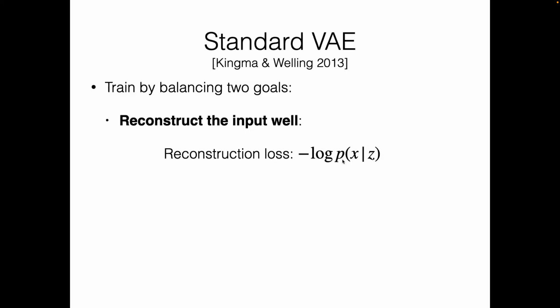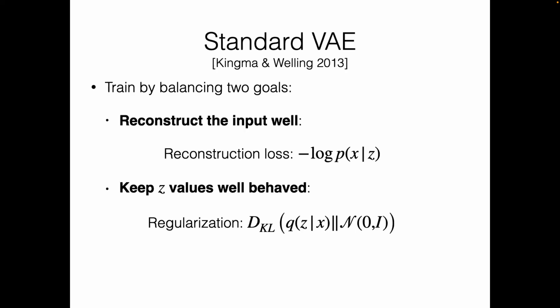Okay, so it's basically saying this decoder should learn to model the kind of image distribution conditioned on different latent variables. And then what you want to do, like I've been mentioning, is you don't necessarily want the latent variables to just be anything.